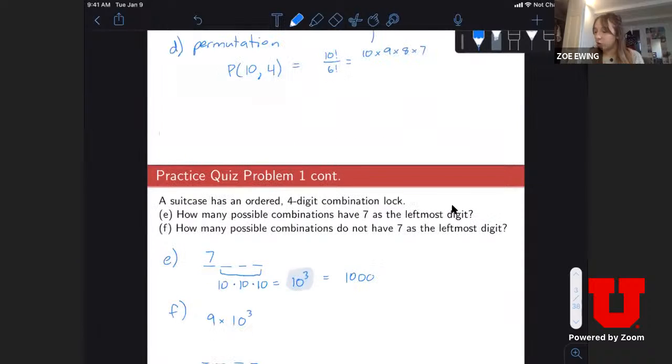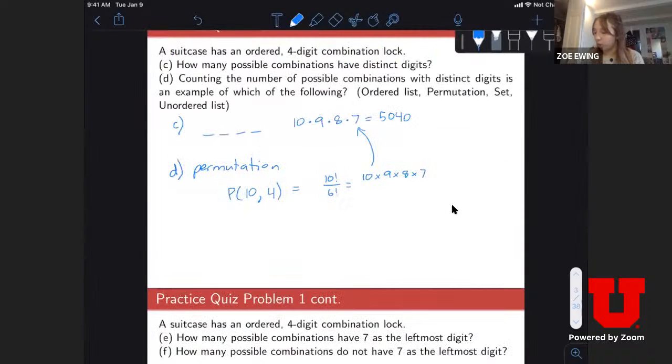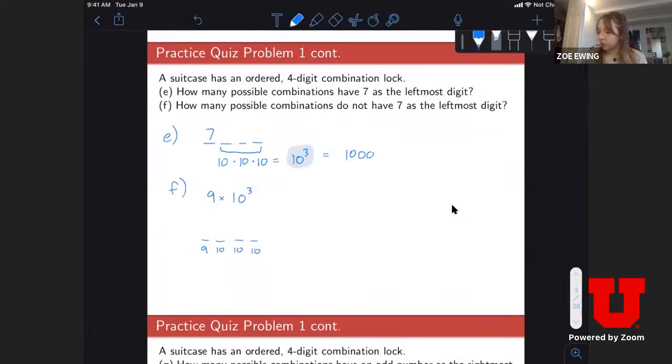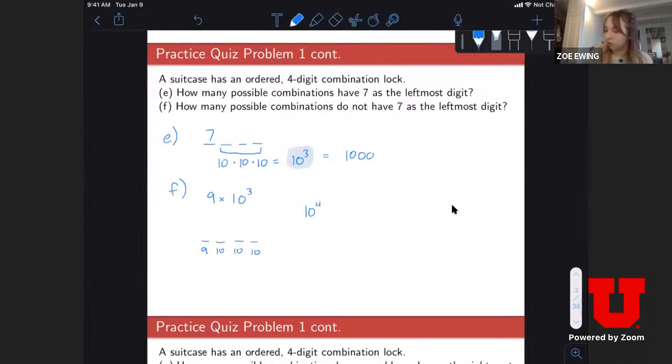So we know that the total number of ways is 10 to the 4th. So there's 10 to the 4th total possible combinations minus 10 to the 3rd for combinations that do have 7, which ends up being 10,000 minus 1,000, which is 9,000, and that is also equal to 9 times 10 to the 3rd.